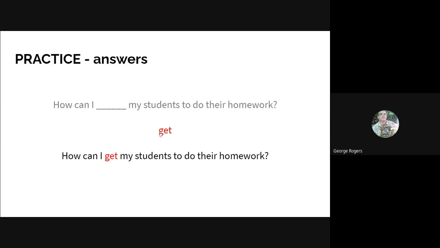Okay. So how can probably I as a teacher get my students to do their homework? So how can I get my students to do their homework? Again, the teacher's kind of thinking, how do I persuade them? You know, that, again, it helps them learn better. They'll get better grades.